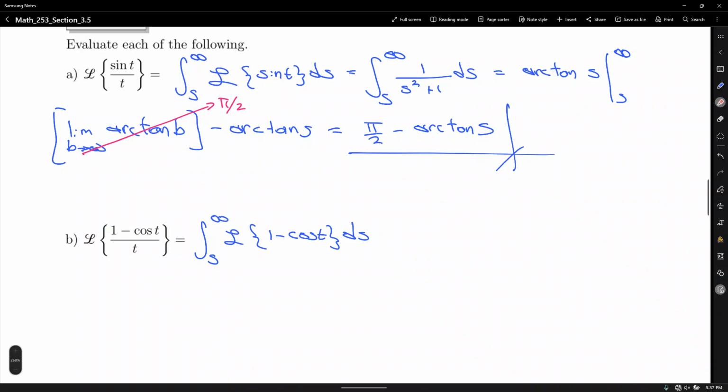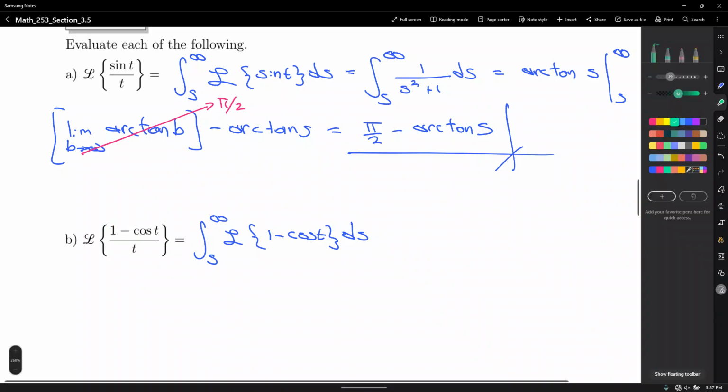Let me highlight it so you can relate it, just like here. Let's forget about the division and integrate.